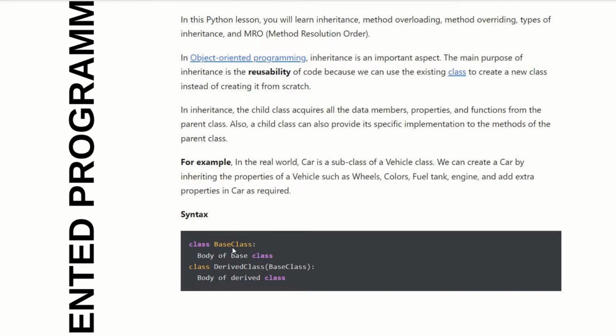If we want to inherit or acquire those data members and properties of our base class, we just use this syntax: class, derived class, then parentheses, and then the base class we want to inherit. So class, derived class, and then the base class, which is the parent class. It means that this derived class inherits the properties of our base class. Then we have the body of our derived class. Okay, so that's the syntax of inheritance in Python programming language.